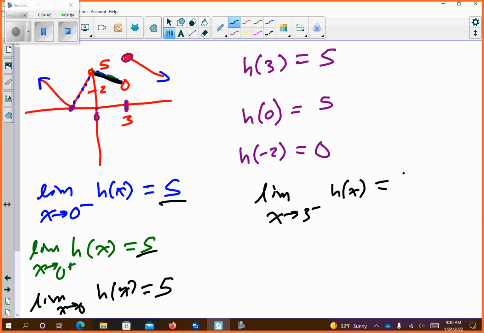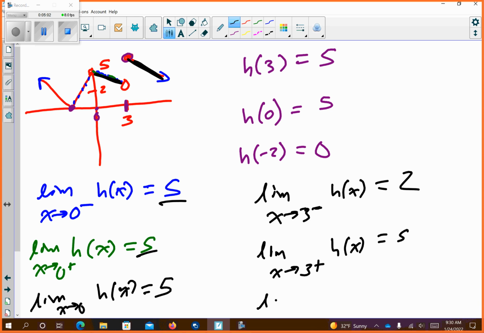So I'm getting to 2. But as I go to the next one, it says limit as x goes to 3 from the positive side of h at x, that means I'm coming from here, okay, as far as the graph goes, and that takes me to 5.